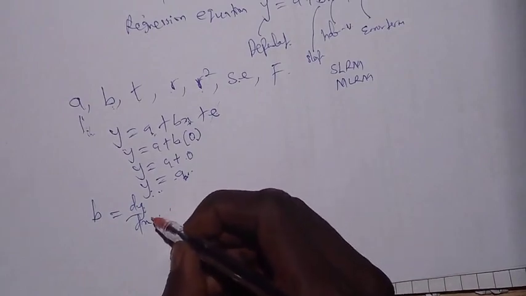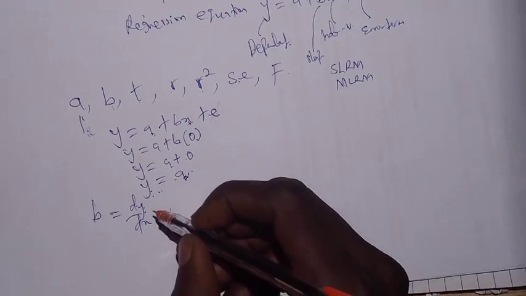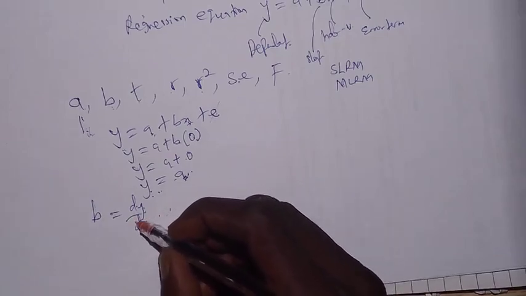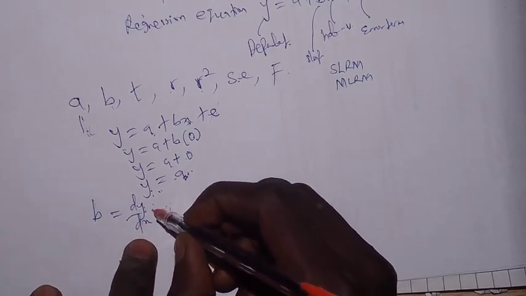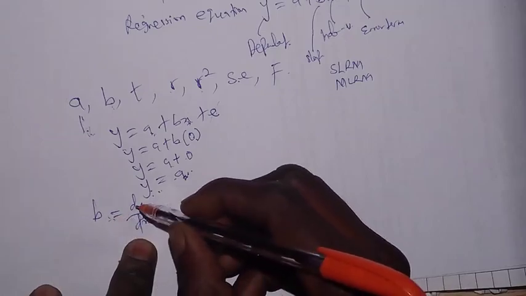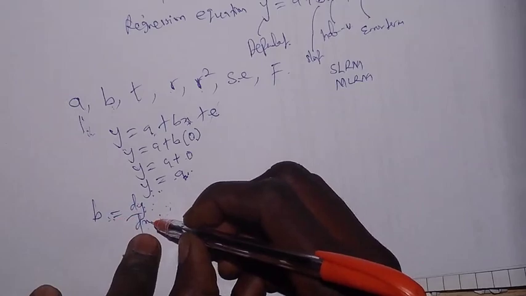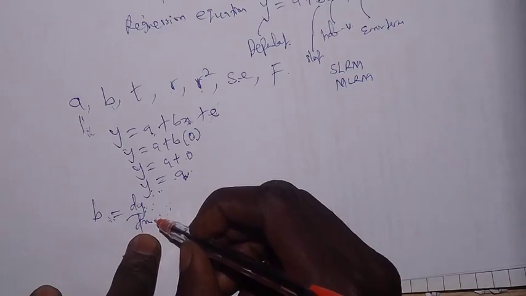So B is dy dx, or B is the amount of change we will predict in y for a 1 unit change in x. This is the simplest explanation on B. Amount of change we will predict in y for a 1 unit change in x.